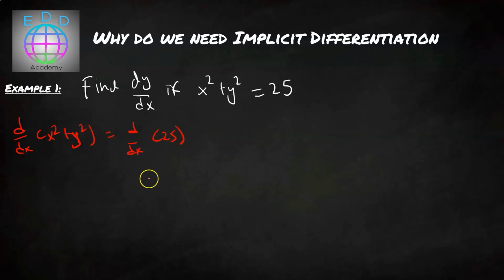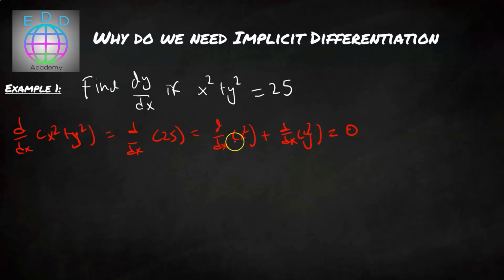Note that in this problem, both the y terms and the x terms are on the same side of the equation, but that doesn't change any of our differentiation rules. So we can see that this is a sum rule, so we can rewrite this as d/dx of x squared plus d/dx of y squared equals d/dx of 25, but 25 is just a constant, and the derivative of a constant is 0, so this side is equal to 0.